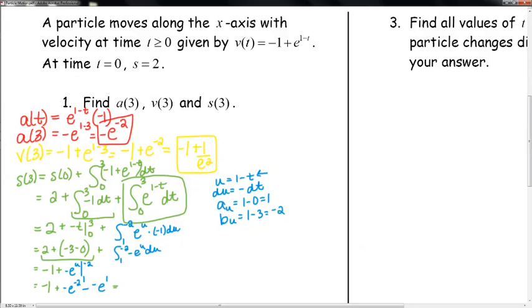So if I simplify this, these become positive. I have negative 1 minus 1 over e squared, that's the negative 2, plus e. And there's my position.